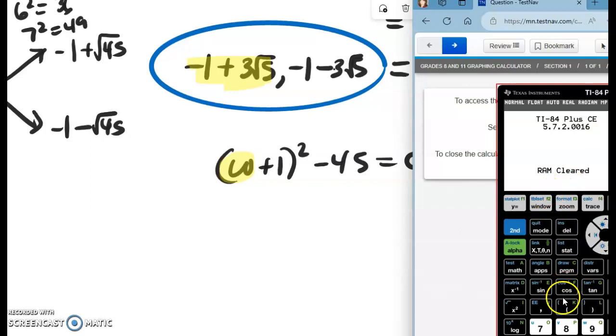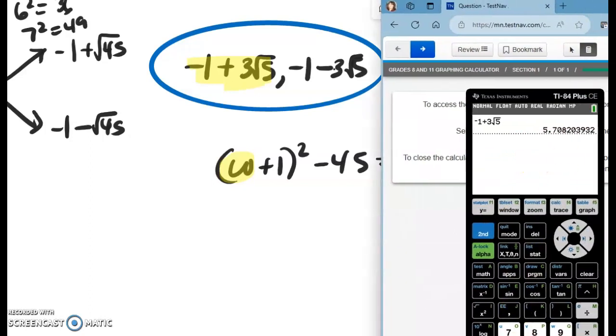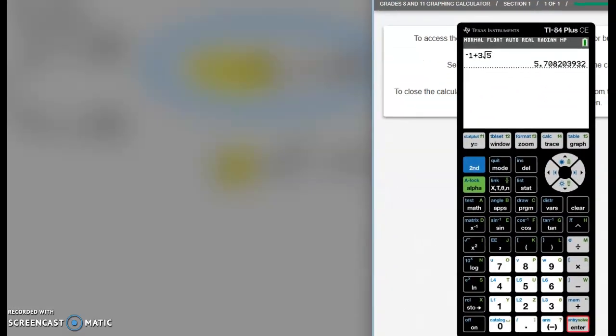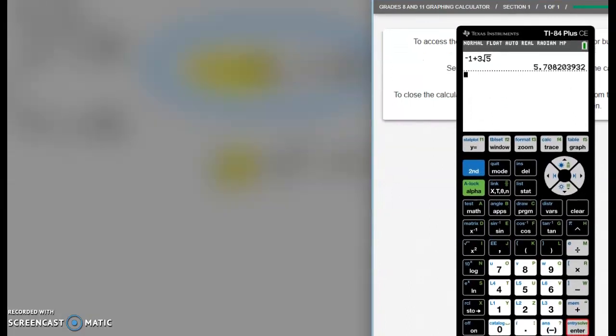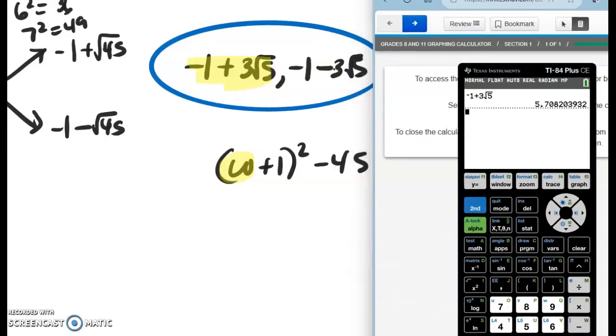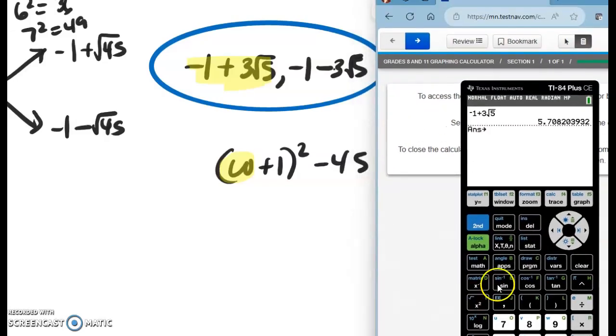I'm going to put it in as -1 plus 3 square root 5, hit enter, and I'm going to get this decimal. To the left of 1, you see that key that says STO. I'm going to store that as X.